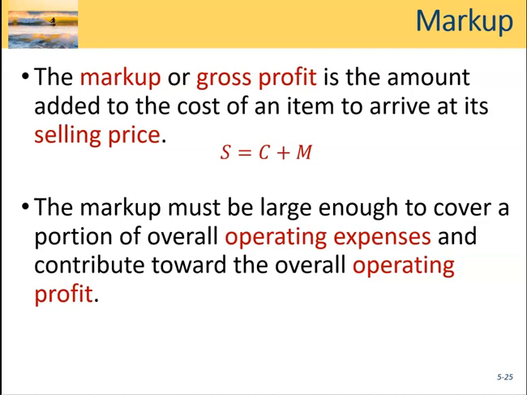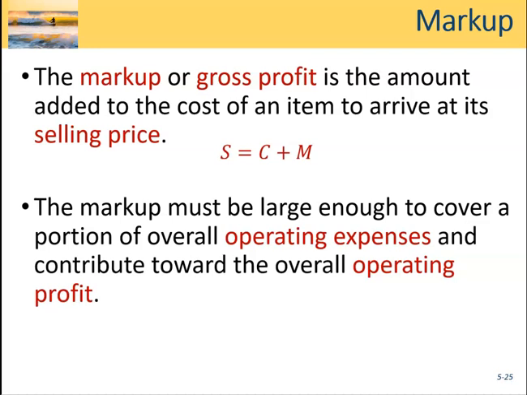We need to add a markup to our cost to come up with our selling price. Okay? Because we can't sell it for the same price as it cost us. Otherwise, we wouldn't be in business. We need to be able to cover all of our expenses.